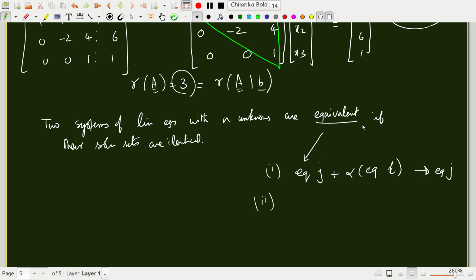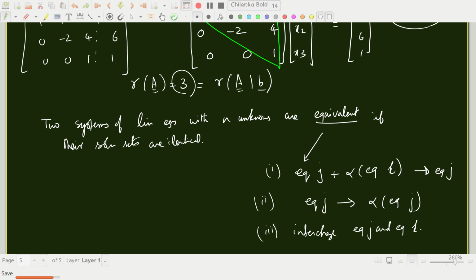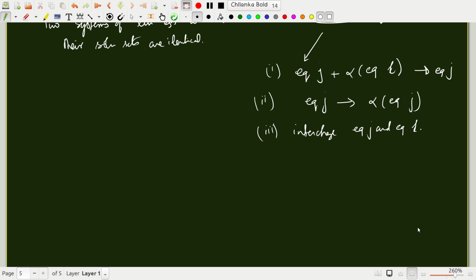The solution set will remain the same. You can multiply a given equation by a number, which doesn't change anything, or you can interchange equation J and equation K, and that also will not change the solution.